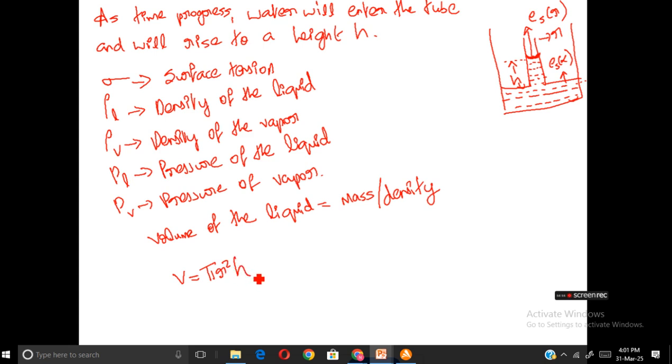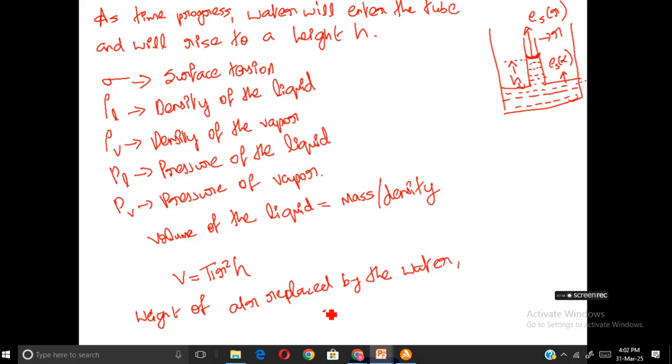So the volume of the water within the tube is given by pi r square h. R is the radius, base area is pi r square, and height is h. The weight of air that has been replaced by the water that entered the tube: weight is mass into g, and mass is density into volume.